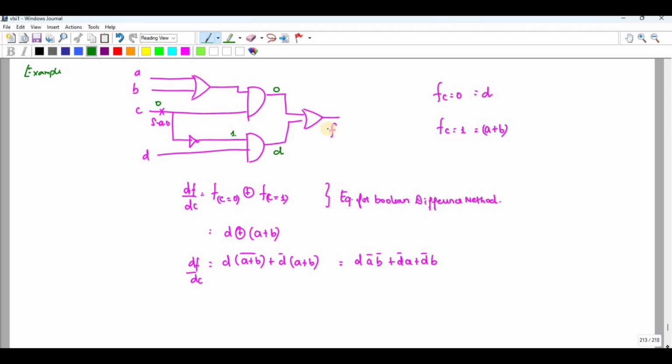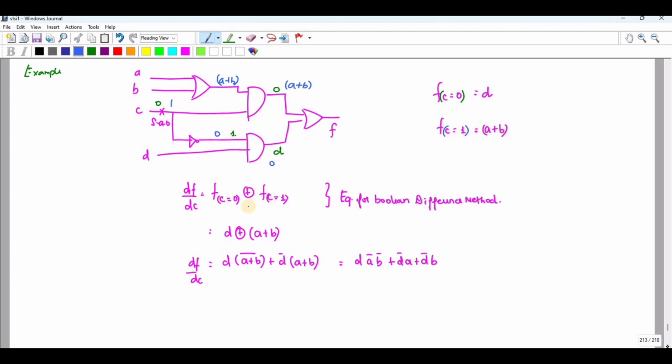So f is equal to 0 plus d, and you will get f of c equal to 0 is equal to d. Similarly, if I substitute c is equal to 1, this becomes 0. This is a plus b, and anything multiplied with 1 gives a plus b. So f of c equal to 1 is equal to a plus b.